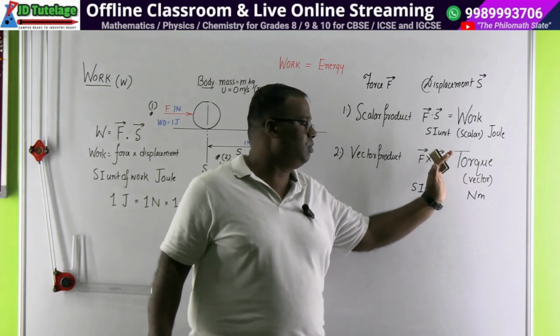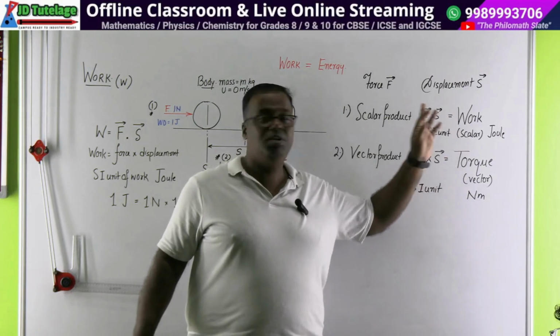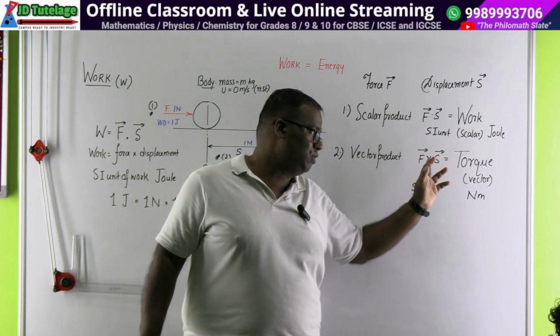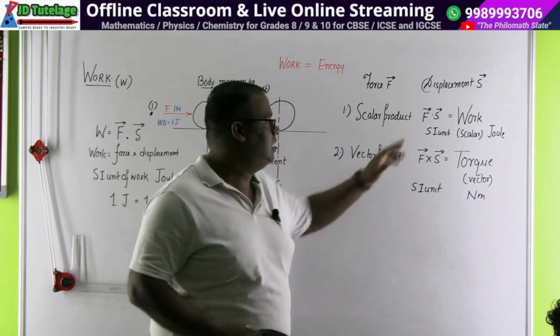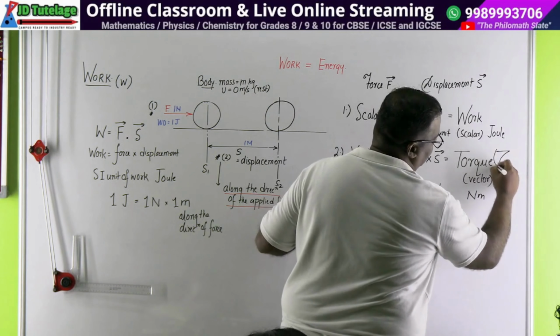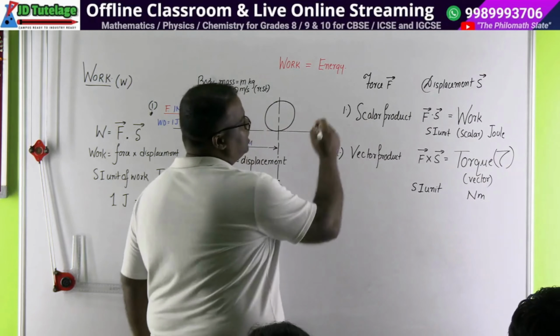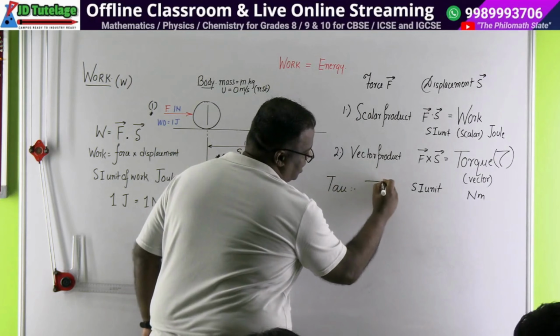So in your school, if the teacher says force and this is Newton meter, no. Vector product of force and displacement is torque, and torque is in Newton meter, and torque is represented by a Greek letter called tau. This is known as tau, T-A-U, and you write it like this.